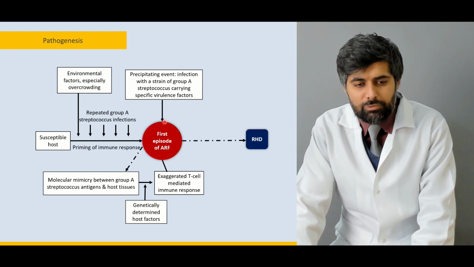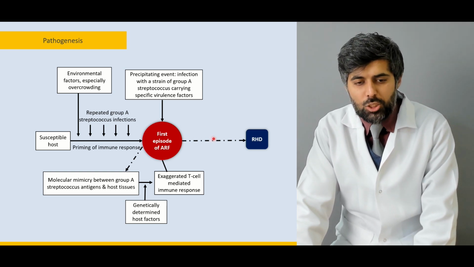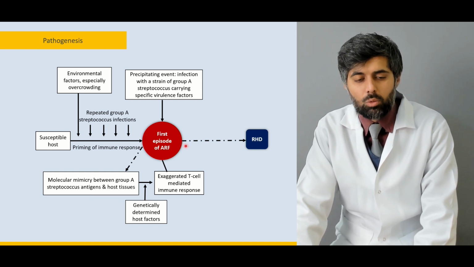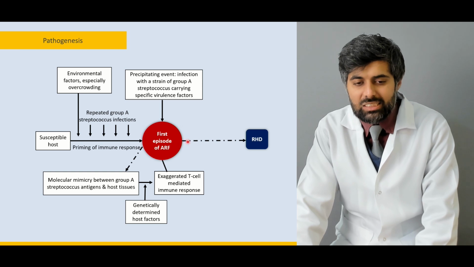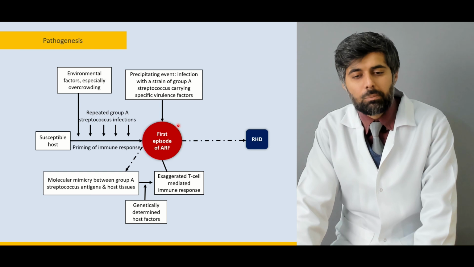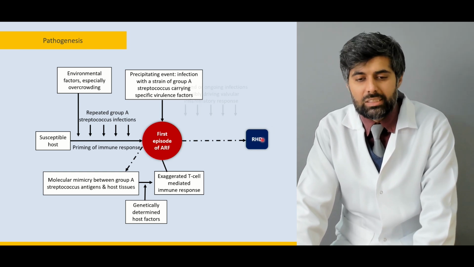Now, after this first episode of acute rheumatic fever, the patient may develop rheumatic heart disease. As I previously stated, 60% of the pediatric patients, in their adult life, develop rheumatic heart disease.